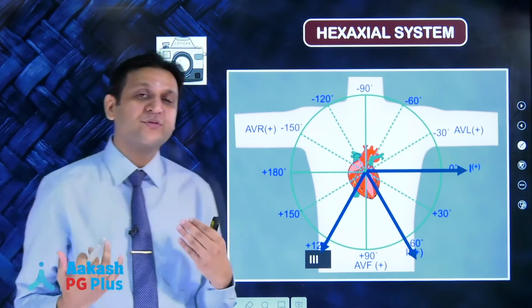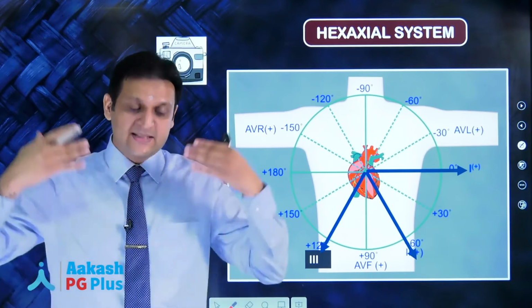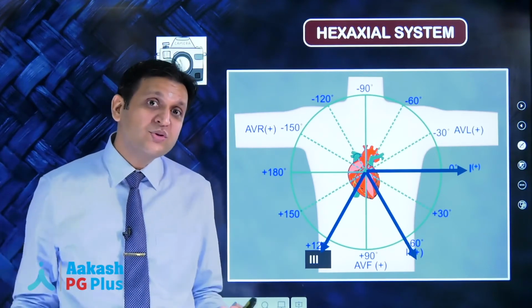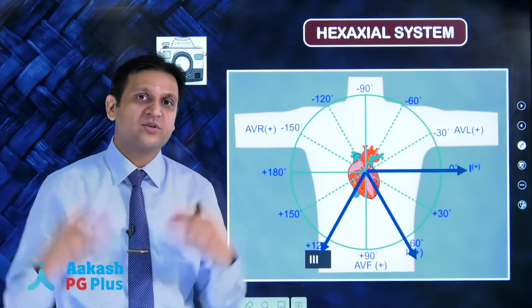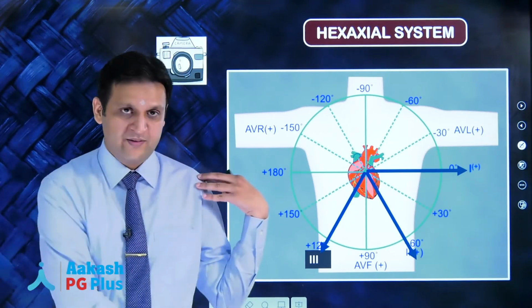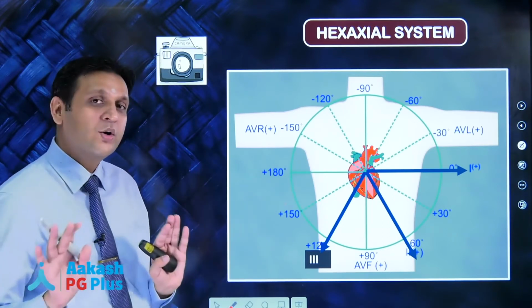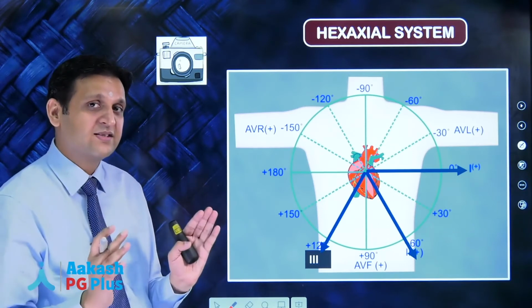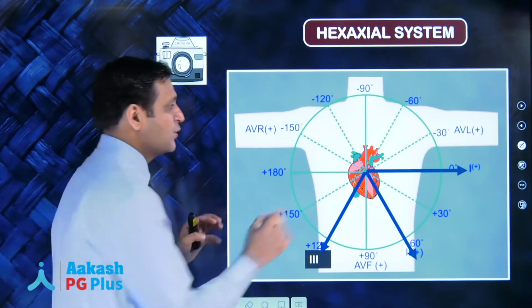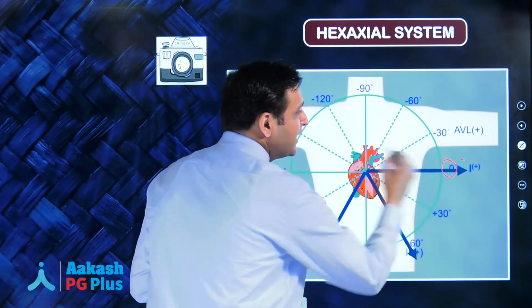So whenever we talk of the QRS axis of the heart, we calculate that axis in the vertical plane using the leads that give us information from these vertical planes. So which are the leads? AVR, AVL, AVF, lead 1, lead 2, lead 3. So using these we can make a hexaxial system, right. And these are the vectors. So we have a vector lead 1 which is placed at 0 degrees.